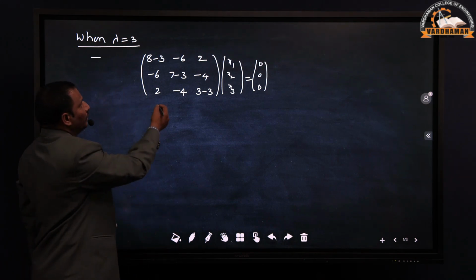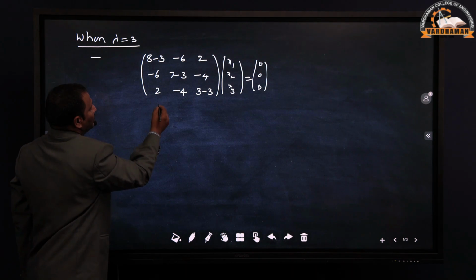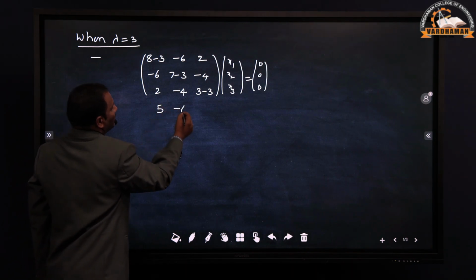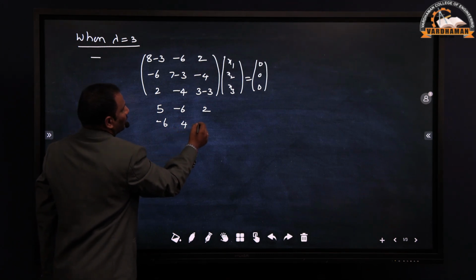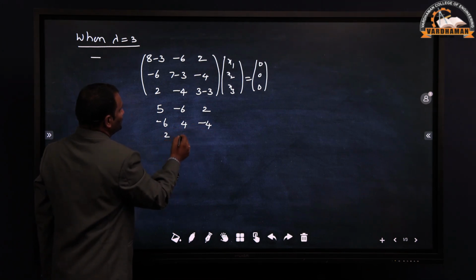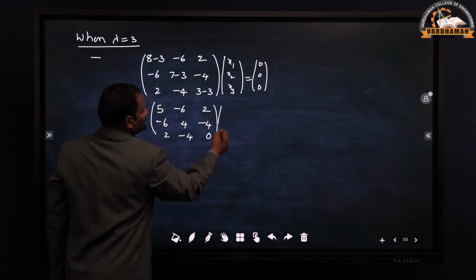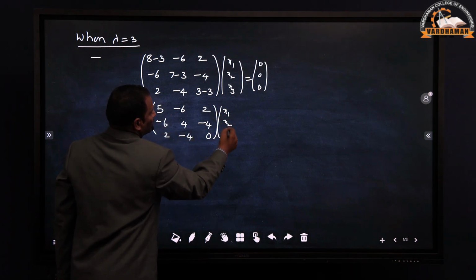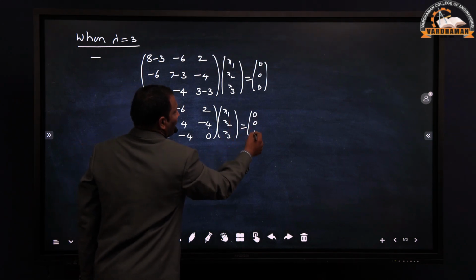Then the matrix is 5, minus 6, 2; minus 6, 4, minus 4; 2, minus 4, 0, into x1, x2, x3 equals 0, 0, 0.